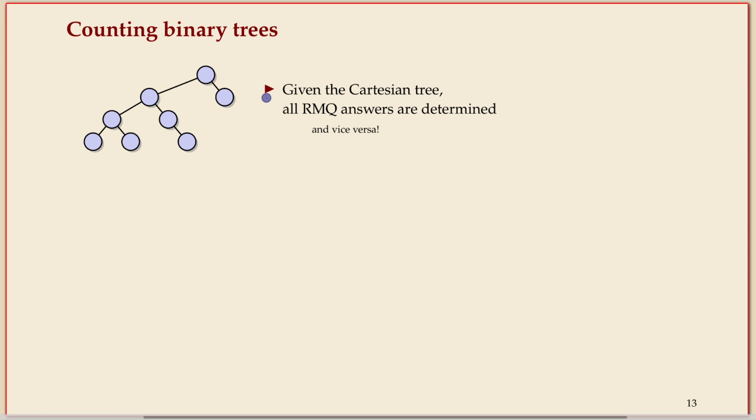We've seen, I tried to convince you by example, if you're given the Cartesian tree of an array, all the range min queries are answered, or the information is all there. Because for every pair of nodes in that tree, the lowest common ancestor is well defined, and that's the range min.